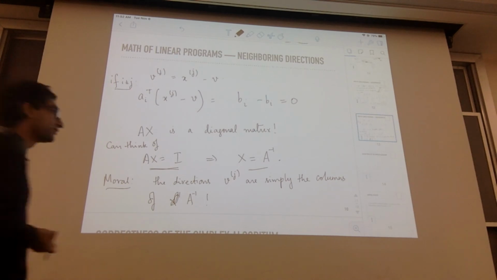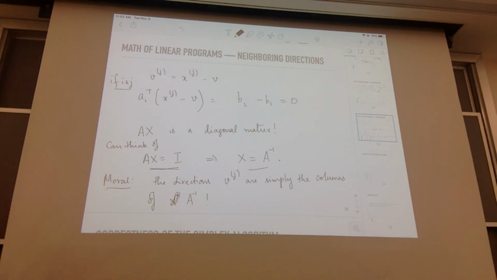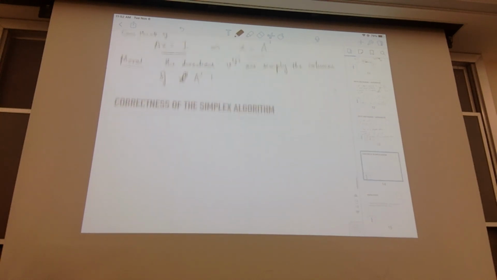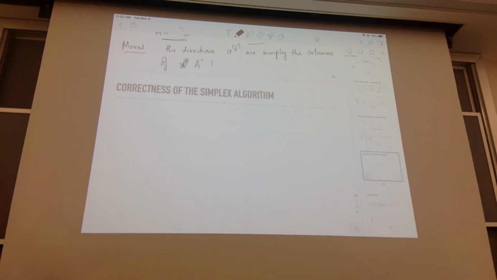So now let us see what happens if we take this picture that we had earlier. Say V is this, and this is V sub 1, this is V sub 2, and maybe with 3 dimensions V sub 3, and let's suppose that the optimum is V star, which is somewhere here.